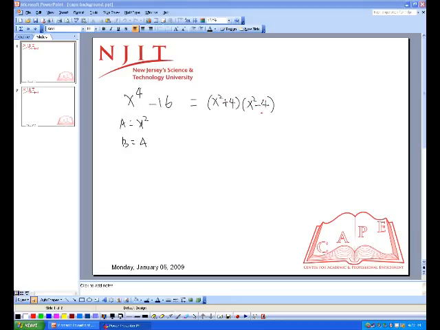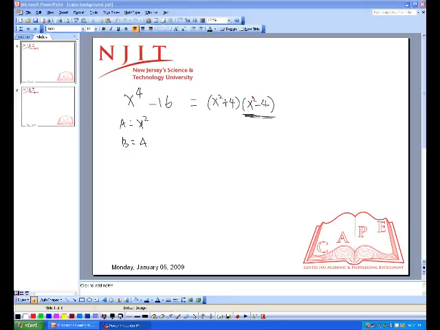This should be good already, but however, we can still factor further. Notice that x squared minus 4 is still in the form of a difference of squares.